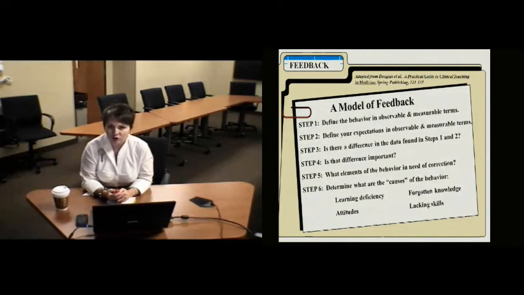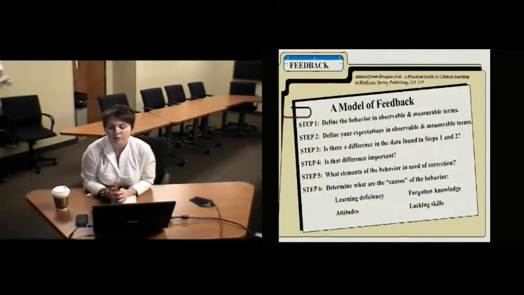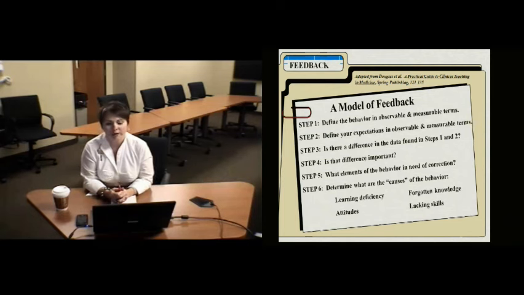But as we have just discussed, through the modeling, through the clarity, and through the orientation, you need to define behavior in observable and measurable terms. So when you're working up that learner's contract in orientation, make sure that you have written the objectives in a way that are achievable, they're discrete, they are measurable.